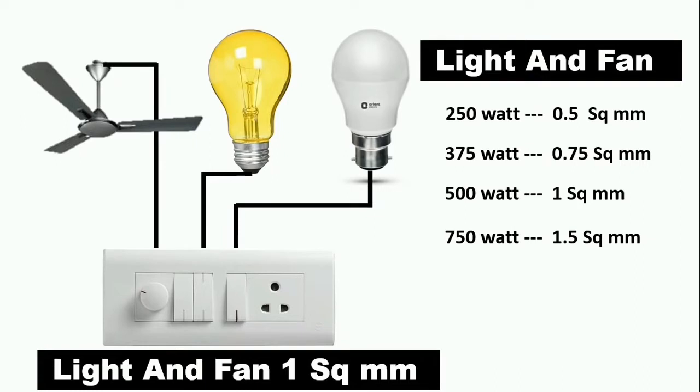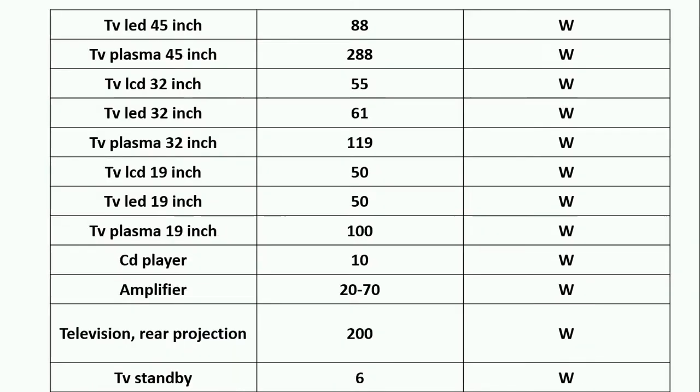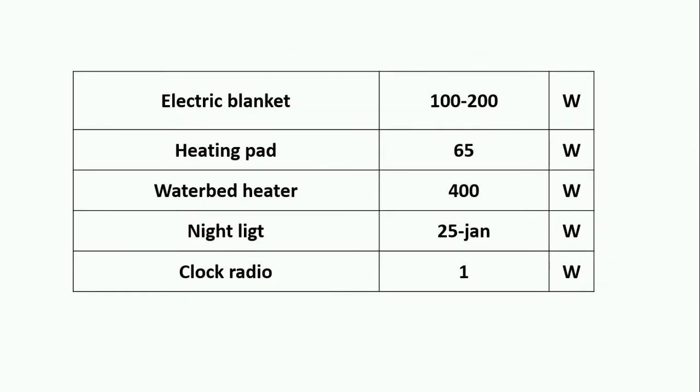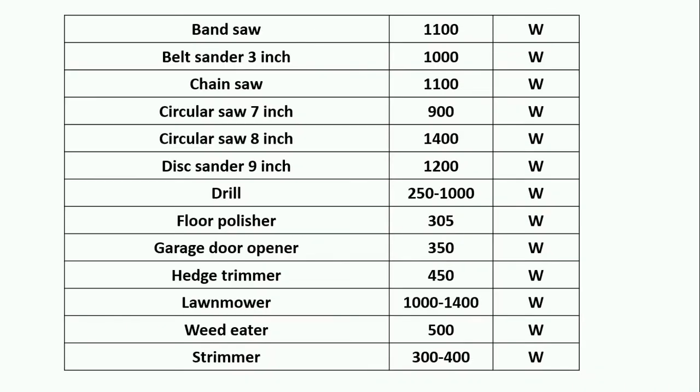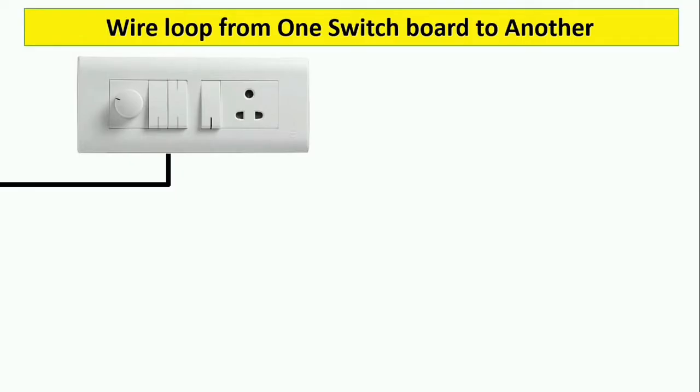Lights and fans are basic lighting circuits, so you use 1 or 1.5 millimeter, mostly 1.5. Now, for our major or domestic appliances at home, such as our TVs, there is a list of power ranges and variations. You could take your time to pause the video and go through them. I don't want to go into more detail on that.